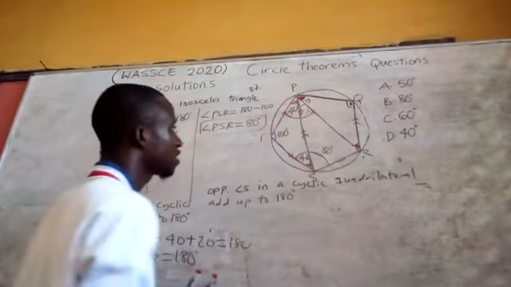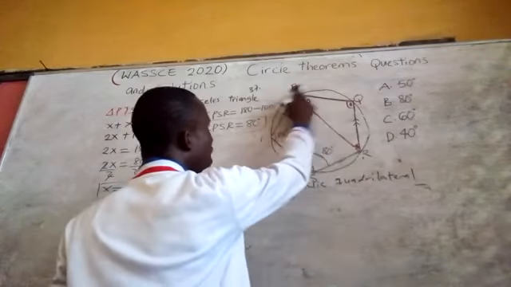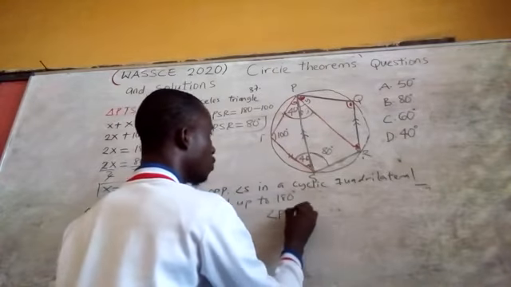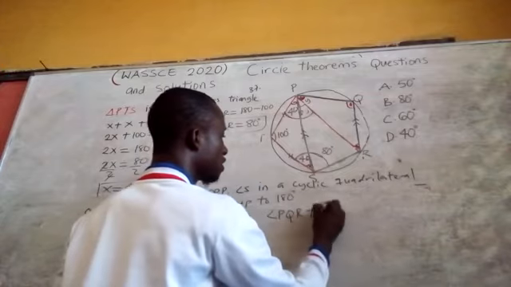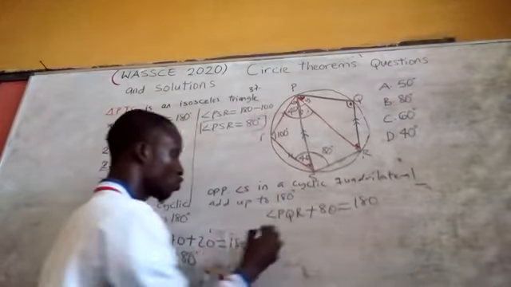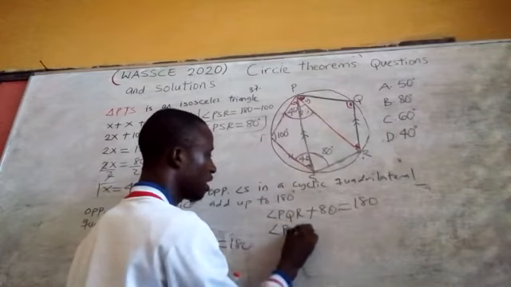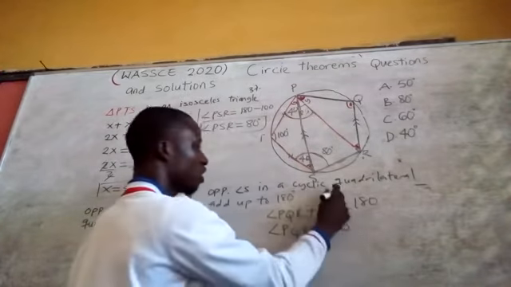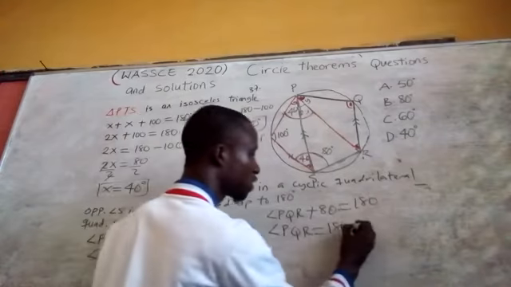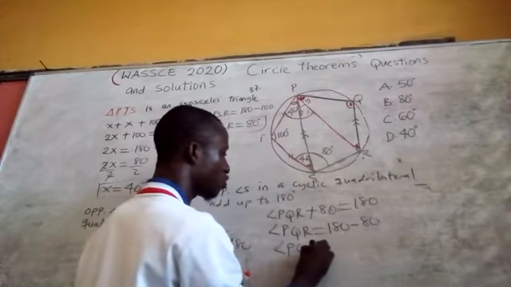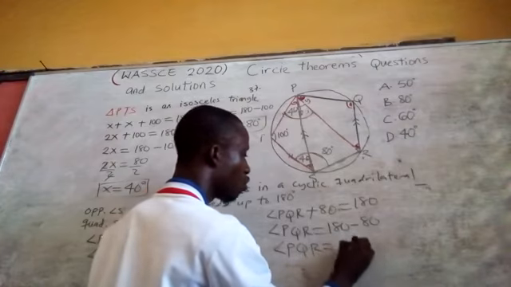So we can see that we have angle PQR plus 80 equal to 180 degrees. So here we have angle PQR to be equal to 180 minus 80, so we have angle PQR to be equal to 100 degrees.